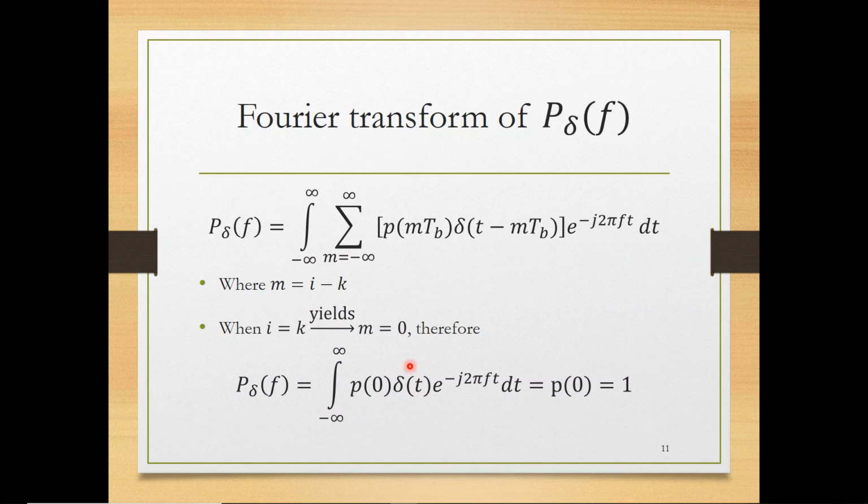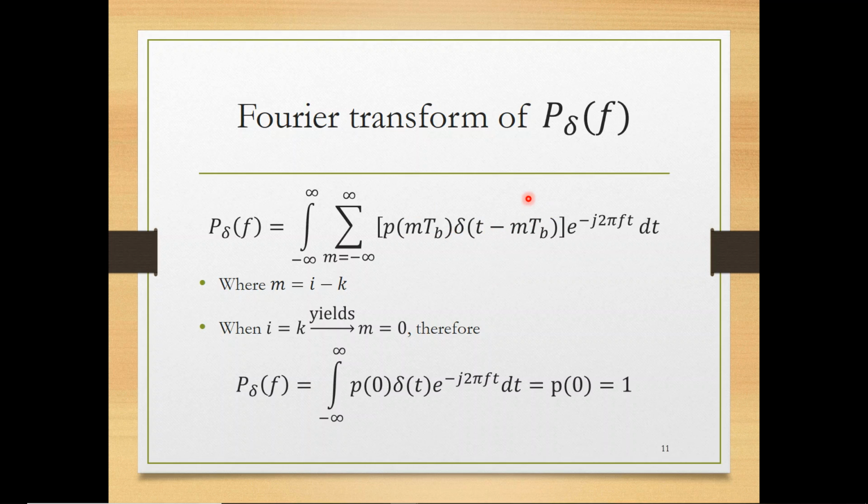This is the Fourier transform of p_δ(t). So it's basically equal to, what's the Fourier transform? Integration of the function you want to transform multiplied by e to the minus j2πft. This is the Fourier transform.